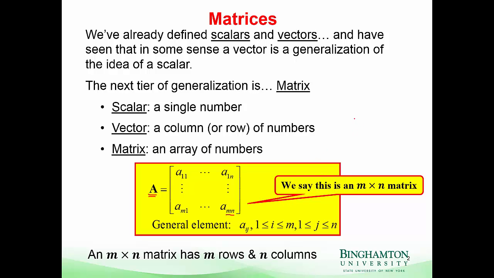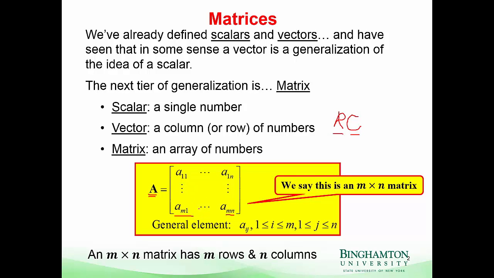And you can always remember that it's row first and then column. If you remember Roman Catholic, that'll help you remember which order those are. So this a sub m1 is in the mth row and the first column.